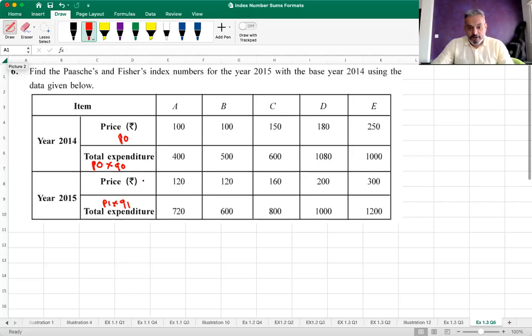So how will we find out Q1? P1 Q1 divided by P1. So we will find the quantity. So यहाँ पे we have to find the quantity of base year and quantity of current year and then go for the formula.